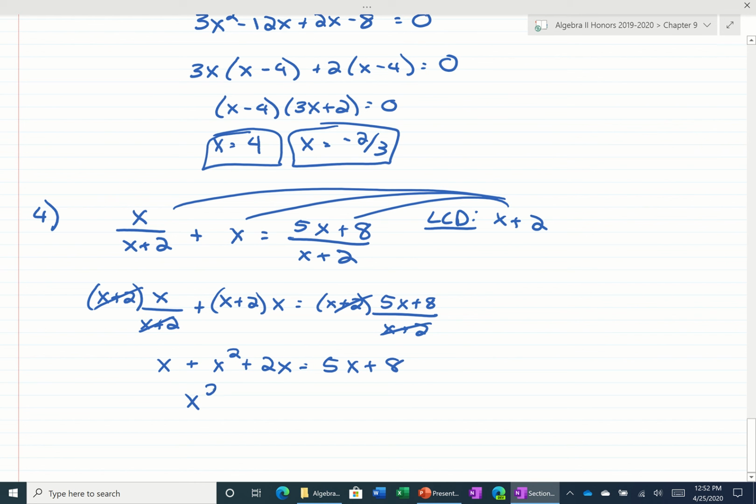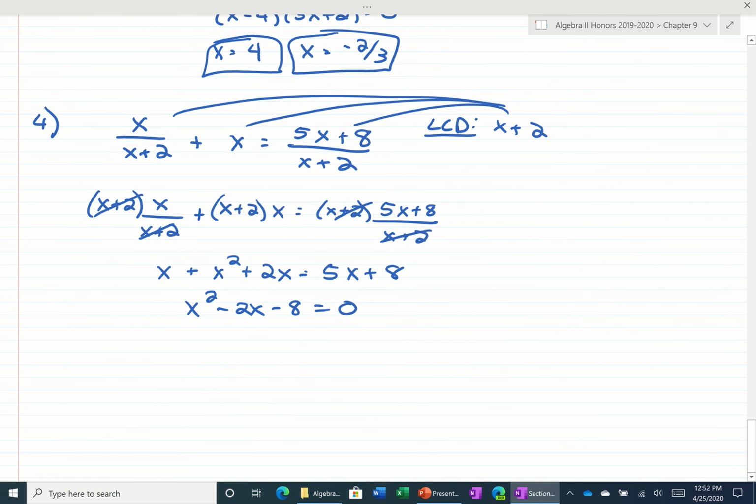And then get everything on the same side. So 3x minus 5 would be minus 2x minus 8. Factor this. Get x is 4 and x is -2.